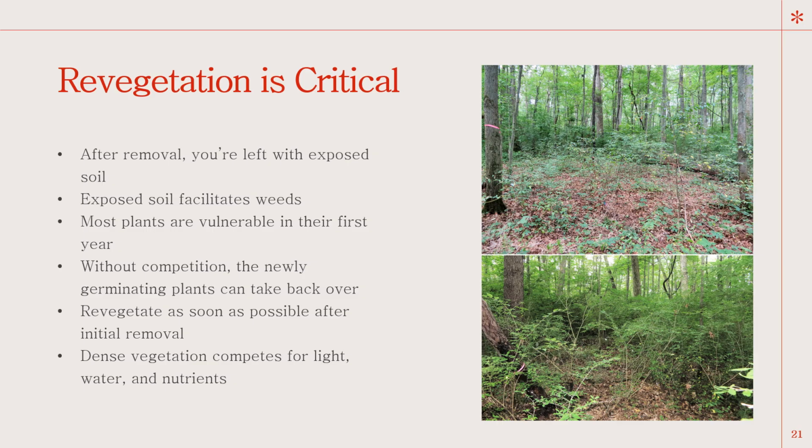Most plants are vulnerable in their first year or two, native or not native, so really try to bolster the diversity and fill in these voids that have been created. These plants are competing directly with these young buckthorn plants. This dense native vegetation competes for light, water, nutrients, which does two important things.